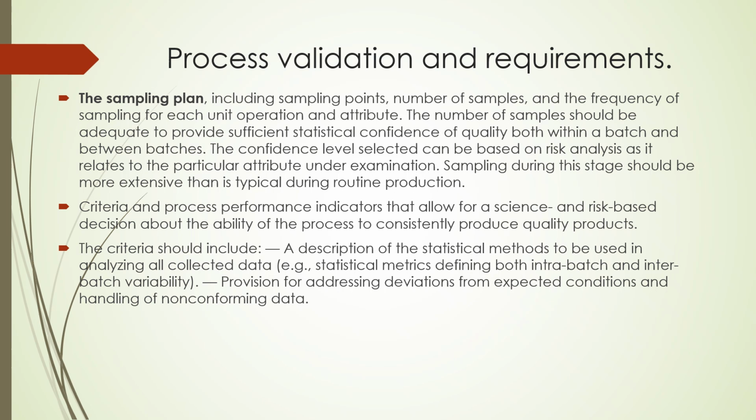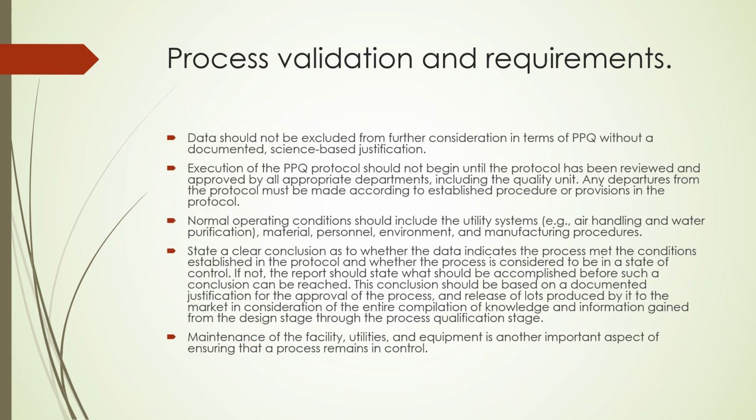The criteria should include a description of the statistical methods to be used in analyzing all collected data, statistical metrics defining both intra-batch and inter-batch variability, provision for addressing deviation from expected conditions, and handling of non-conforming data. Data should not be excluded from further consideration in terms of process performance qualification without a documented science-based justification.